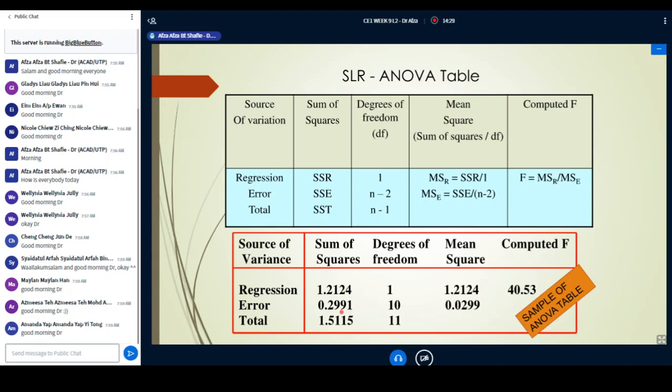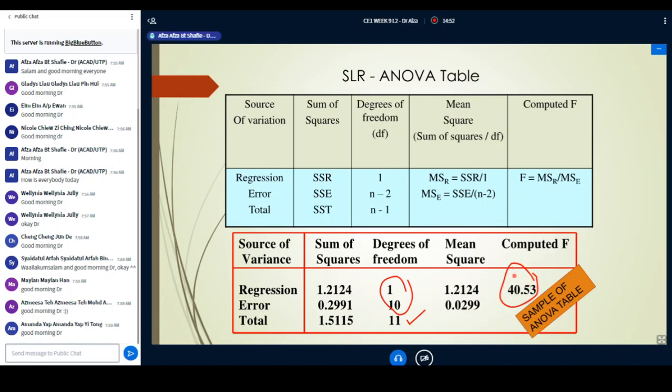So this always adds up together. These two, 1.2124 plus 0.2991, is equal to this. The degrees of freedom, when you add up also, will be equal to whatever the value is, but our interest is always this value at the end of the day.